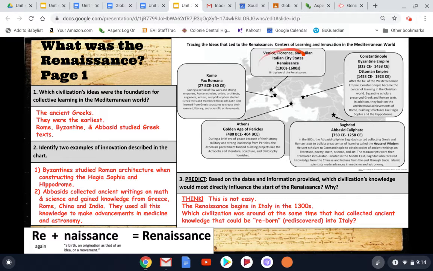So if the Renaissance is starting in Italy, there's a rediscovering, a rebirth of some old knowledge into Italy. So think about location, who might be able to trade with who, but also which civilization was around at the same time that could trade and share that knowledge of the ancient world with the medieval Europeans in Italy.